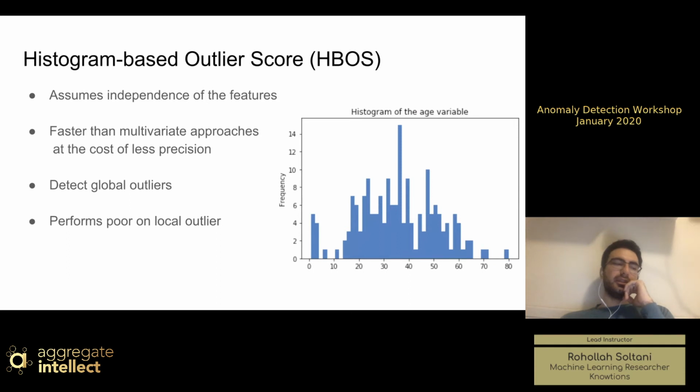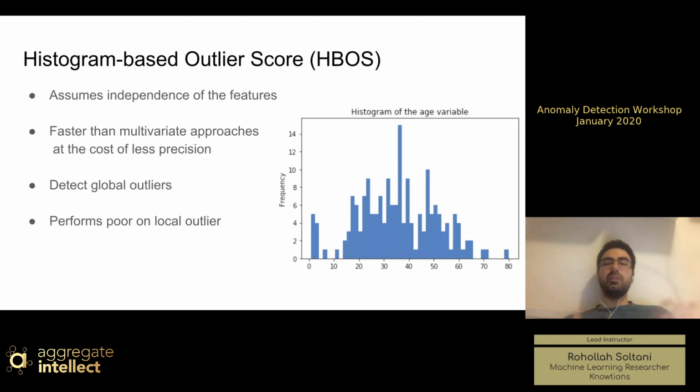The other technique that we're going to cover here is histogram-based outlier detection, HBOS, which assumes the features are independent and calculates the degree of anomaly by building histograms. The basic idea is that for each feature of the dataset, a histogram is created, and then for each instance in the dataset, the inverse height of that bin is computed.